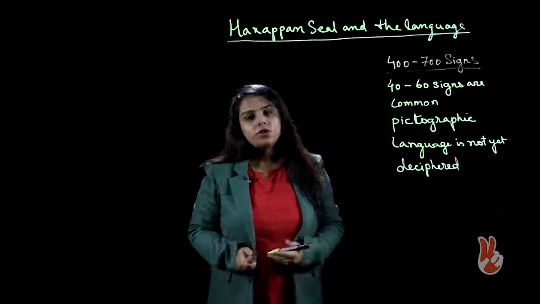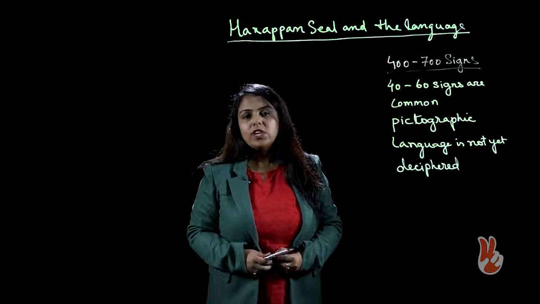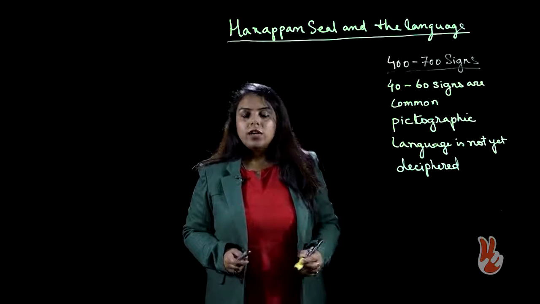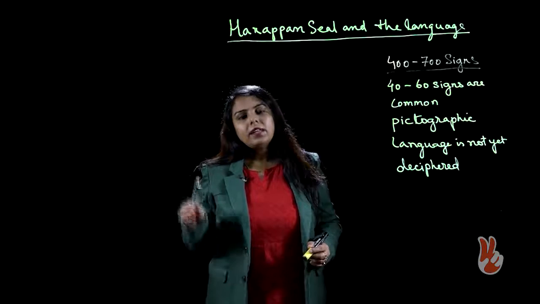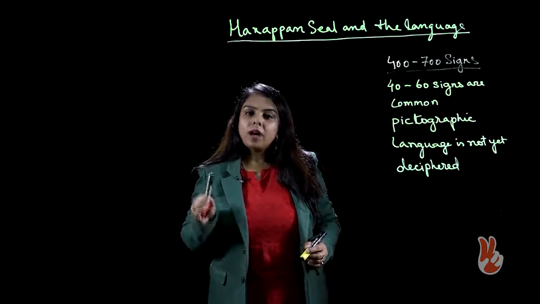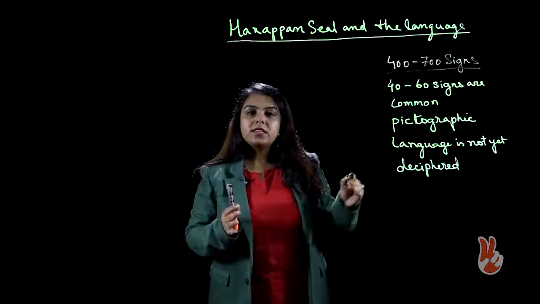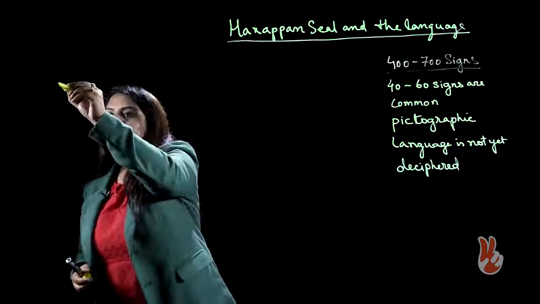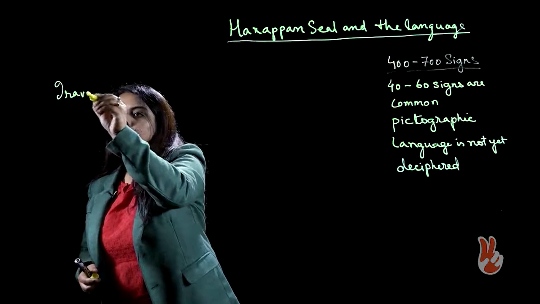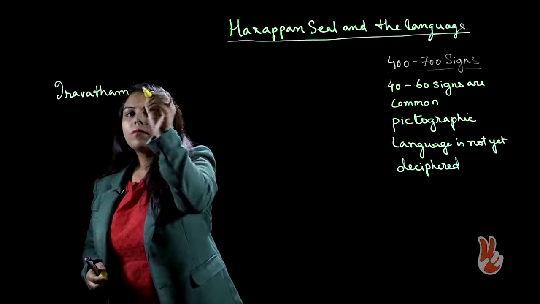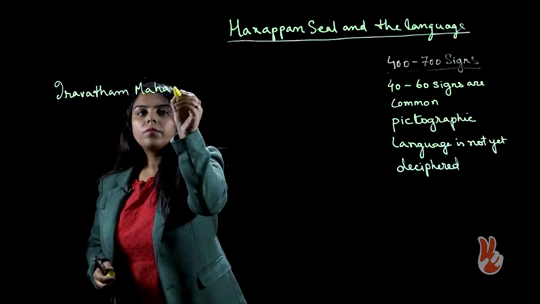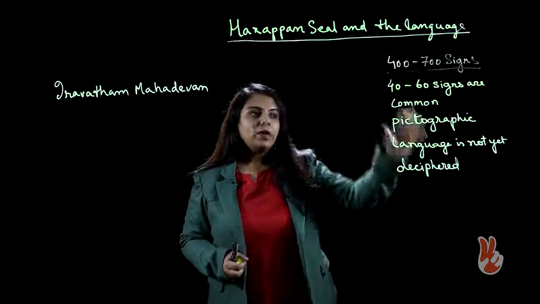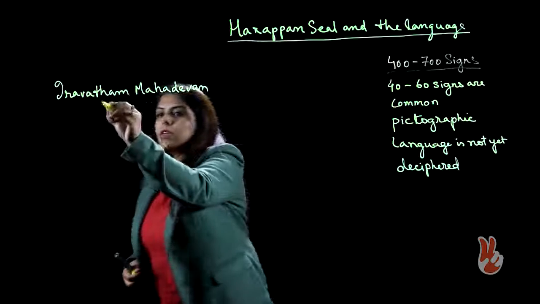Because there are various historians who are still studying the Harappan language, there are various theories which have been propagated on the language. So, when we study history, we find that in 1970, Iravatham Mahadevan started studying these scripts or these inscriptions of the seal, and he gave the theory that the language of the Harappan people was Dravidian.